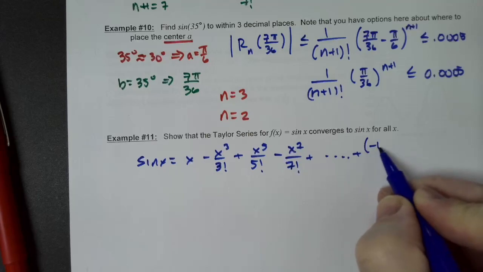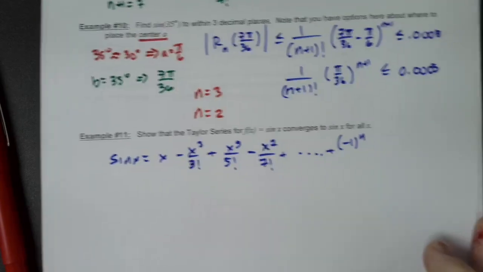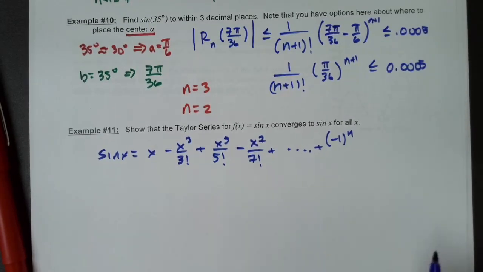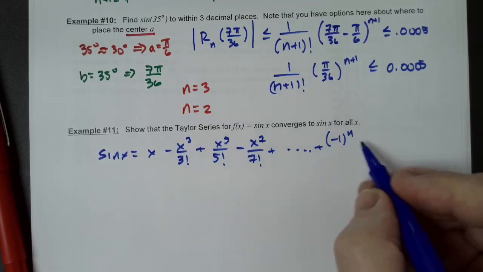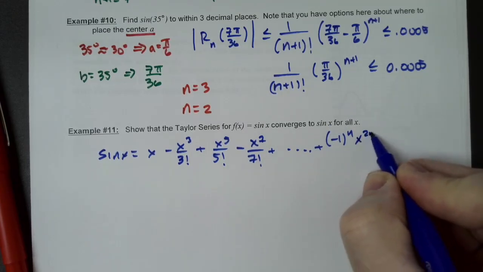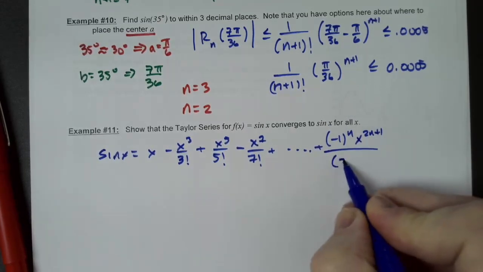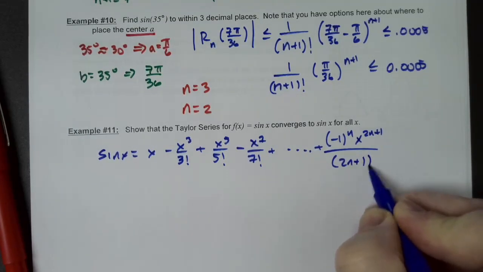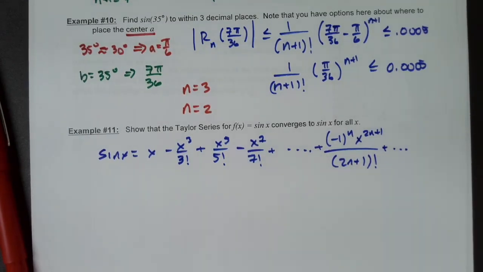We know that this is an alternating term with negative 1 to the nth power. We know that the x is raised to an odd power, and the denominator is an odd factorial.